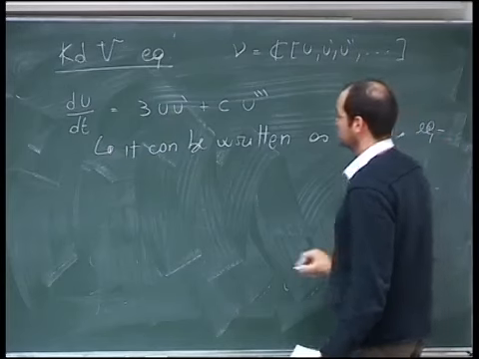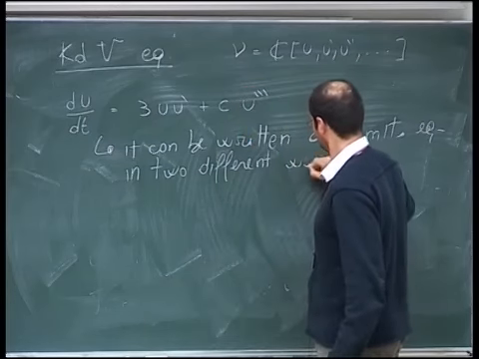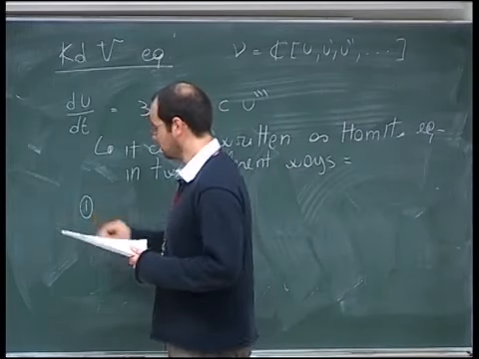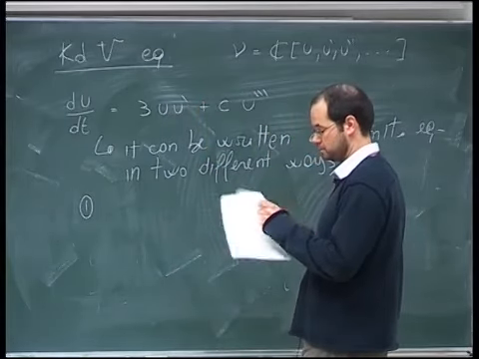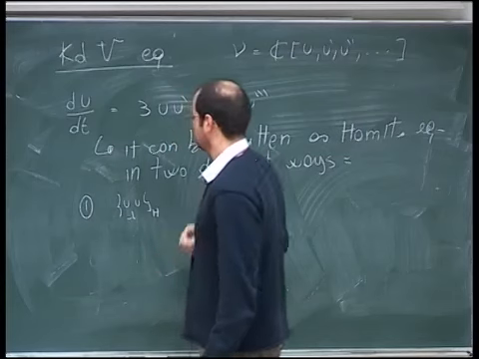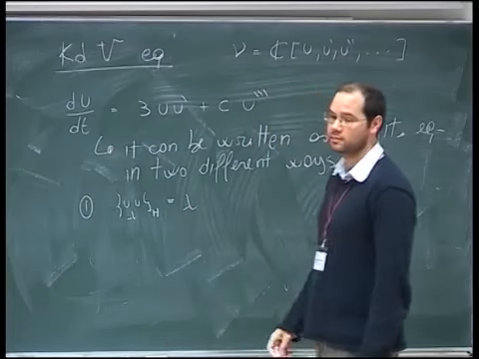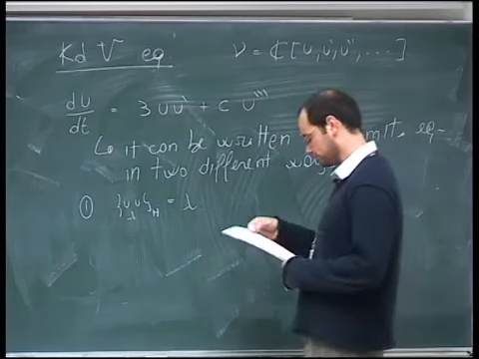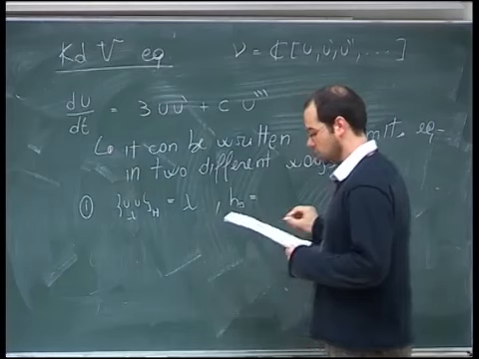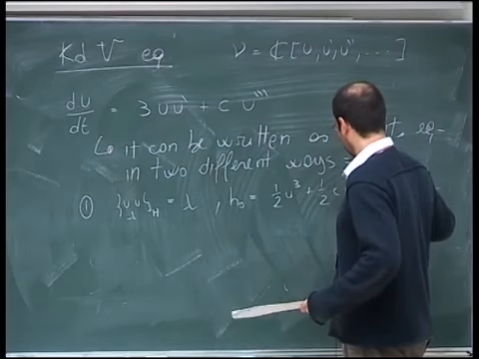Hamiltonian equation in two different ways. The first one is by taking as the Poisson vertex algebra structure the GFZ lambda bracket that I introduced before, and this local functional, 1/2 u cube plus 1/2 c u double prime.